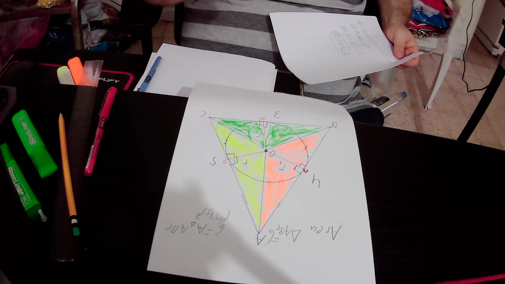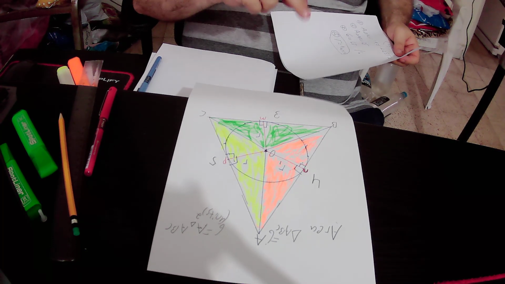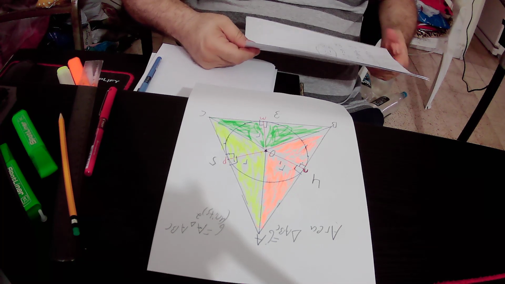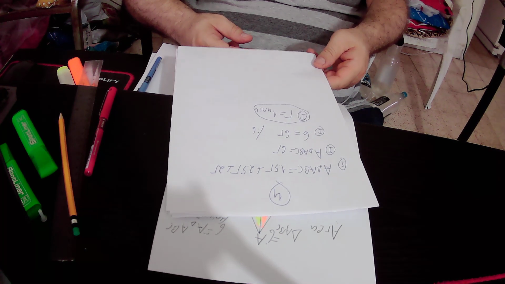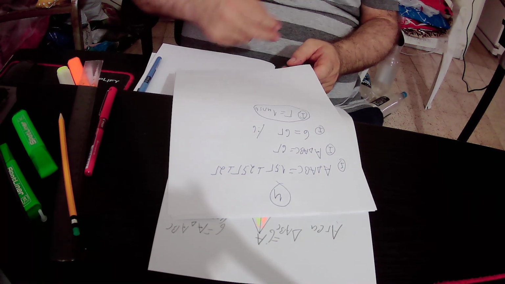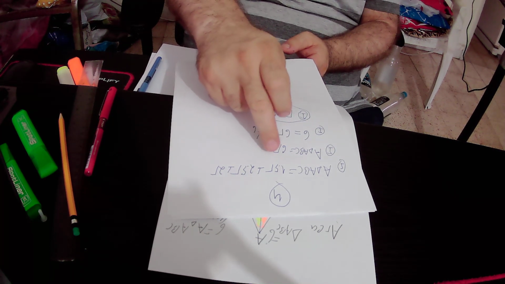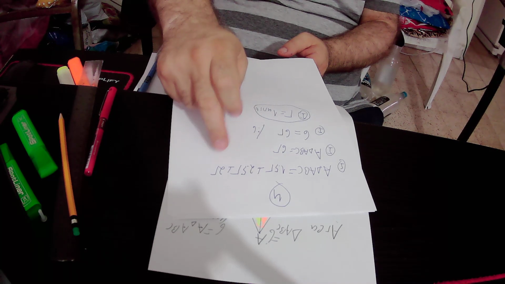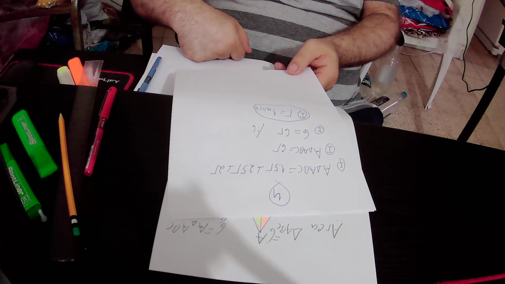So we can write it down as equation number 1. Equation number 1 says that the area of triangle ABC equals the area of the green triangle plus the area of the yellow triangle plus the area of the orange triangle.